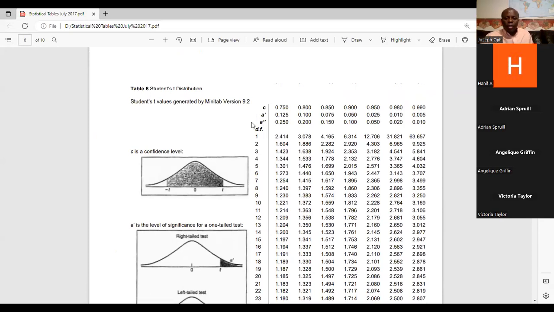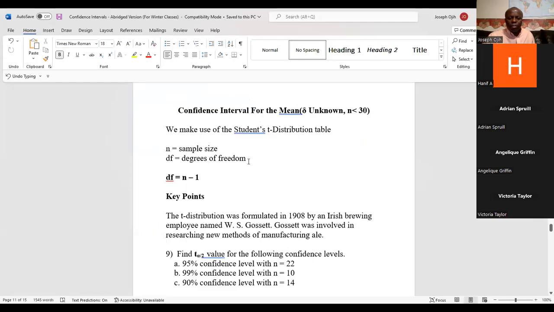So for alpha, we use the one that has double prime, not the one that has single prime. This table is based on what we call degrees of freedom, DF. For the t-distribution, it is found by doing n minus 1.